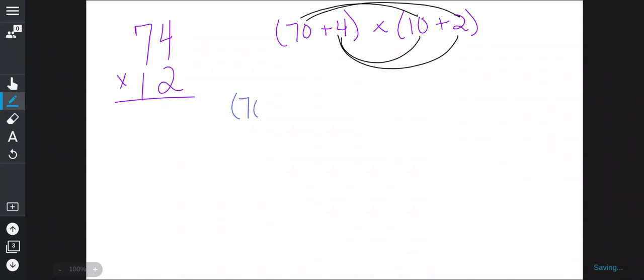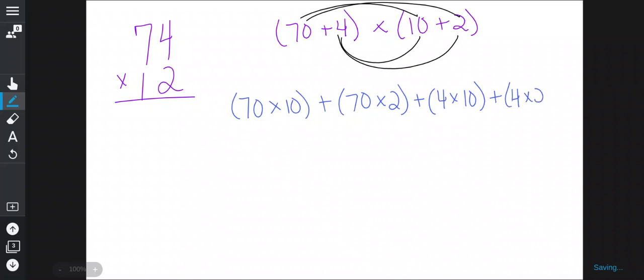So now I'm coming up with all 4 of my parentheses, and then another 70 times 2. Add that up, 4 times 10 plus 4 times 2, my ones place, 700 plus 140 plus 40 plus 8.